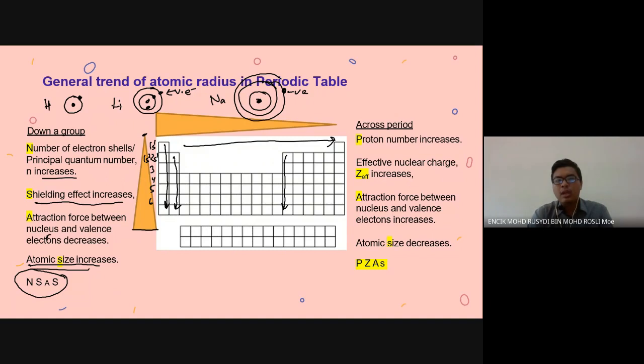So contohlah period 2 ni starting daripada lithium kita ada 3. Lepas tu kita ada beryllium, kita ada 4. And then kita ada boron 5. And so on lah, 6, 7, 8, 9, 10. Dia bertambah dari segi proton number. So as the proton number increases, the effective nuclear charge increases.